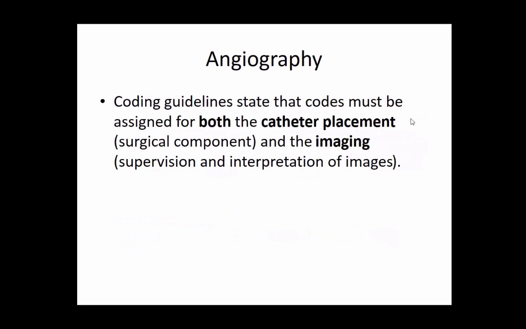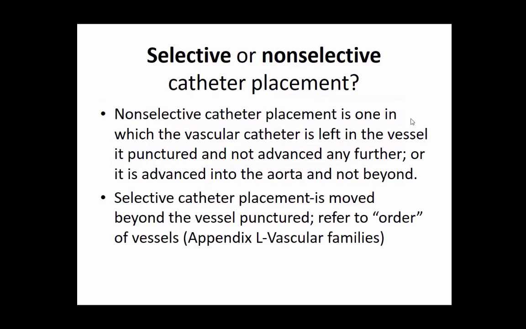Angiography tells us in our coding guidelines that codes have to be assigned for both the catheter placement, which is considered the surgical component of the code, and the imaging. And that imaging falls under supervision and interpretation of the images. Selective or non-selective: when you read about this, a non-selective catheter is one in which the catheter is left in the vessel as punctured and not gone any further, or it just goes into the aorta and sits in the aorta.